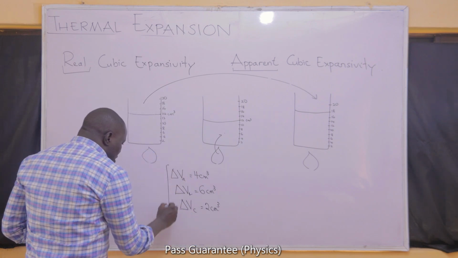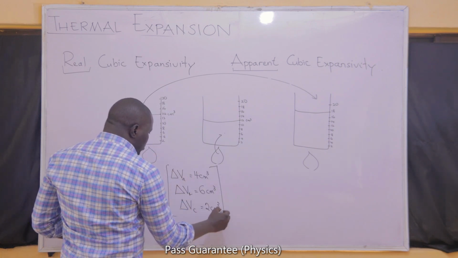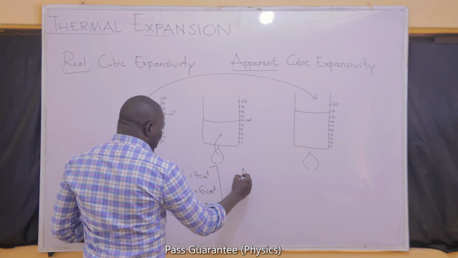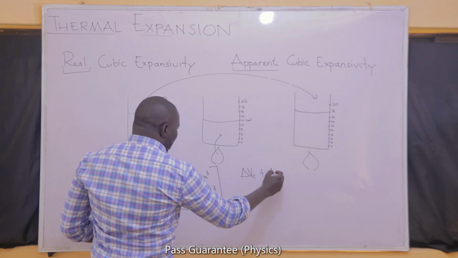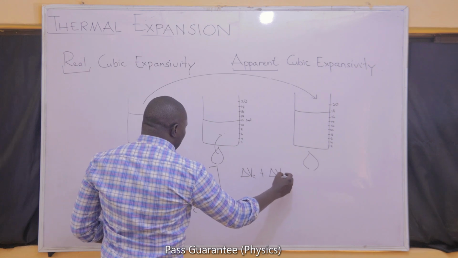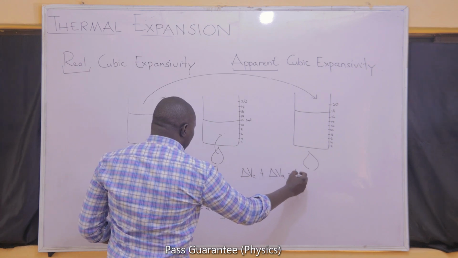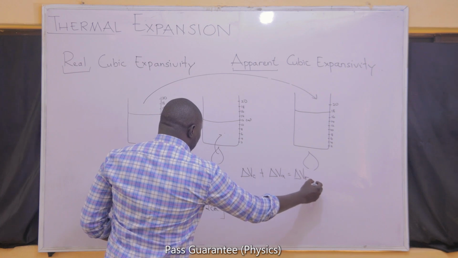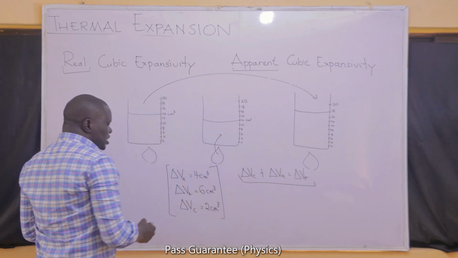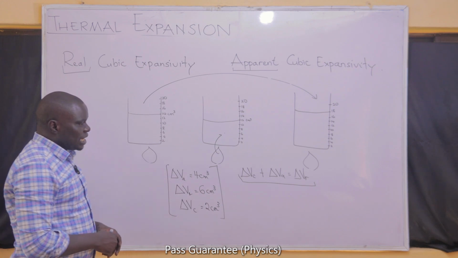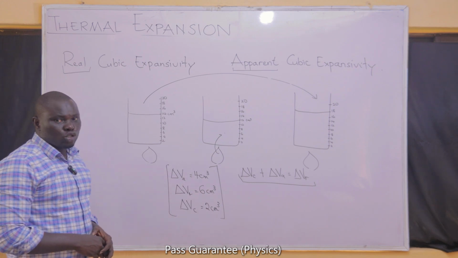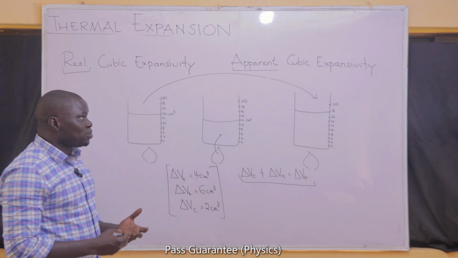This value makes it look as if I add the change in volume of the container to the apparent change in volume, I will get the real change in volume. This is a very important formula under this concept, and that can also be extended to cubic expansivity.